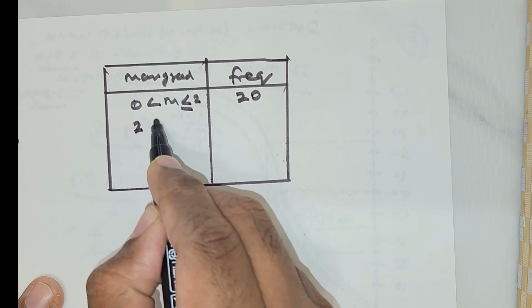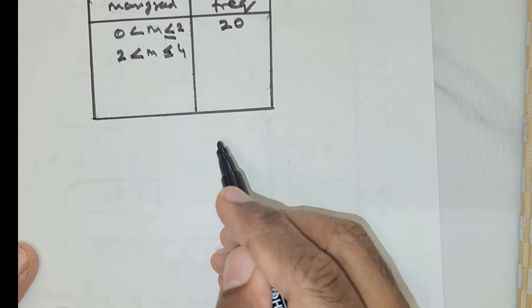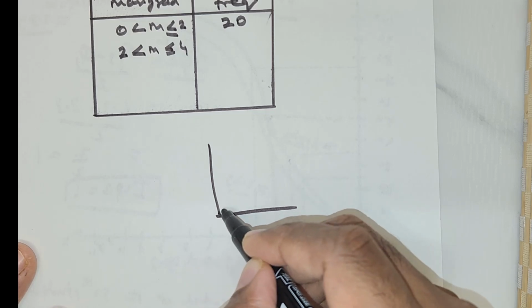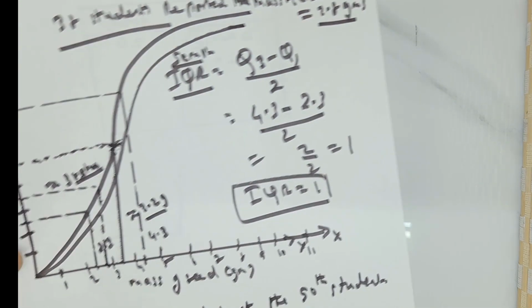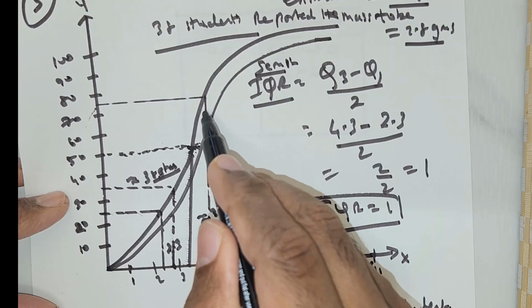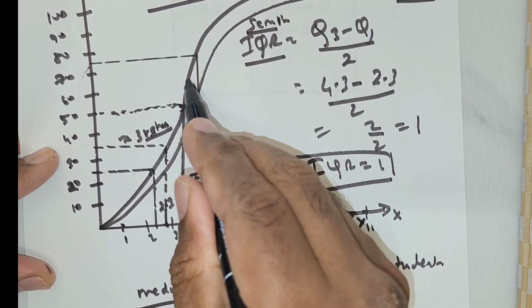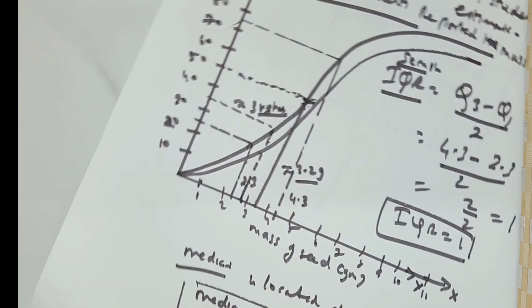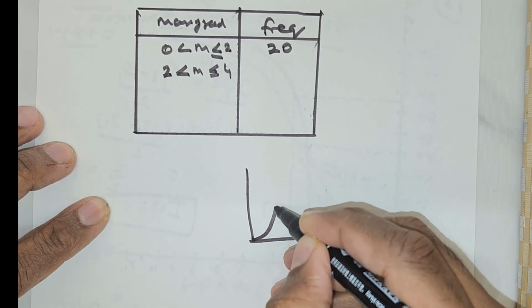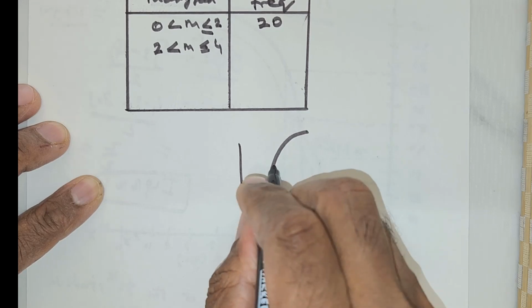Now we have to find the number of students who have reported the mass to be between 2 and 4. If you go to the graph, you have to locate the value corresponding to 4.